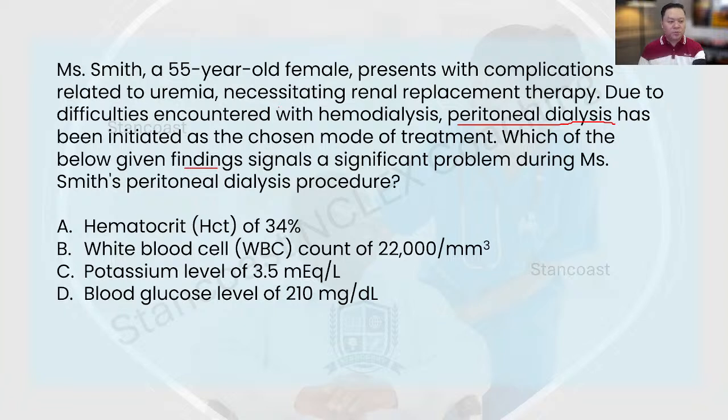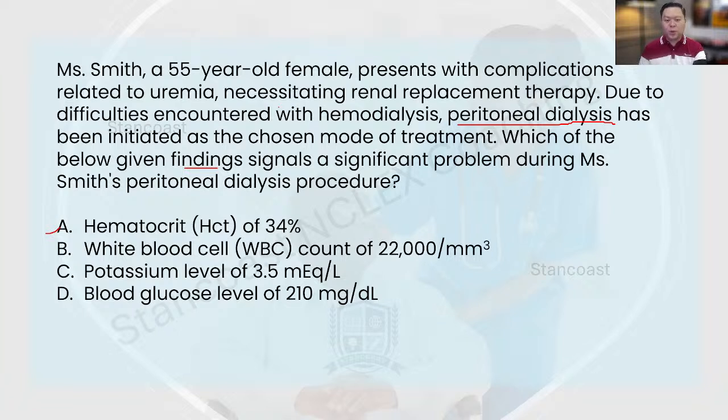So let's go to letter A, hematocrit level of 34%. Now I want you to recall the normal level of the hematocrit count, especially in the females.